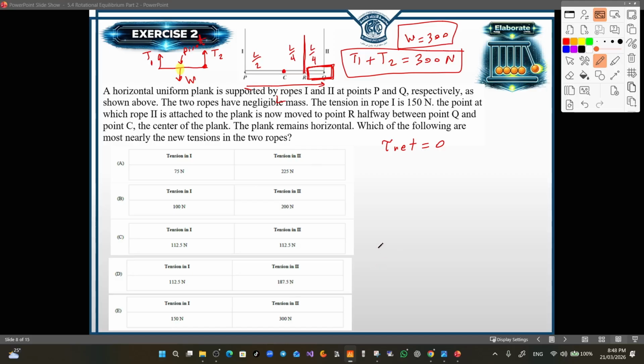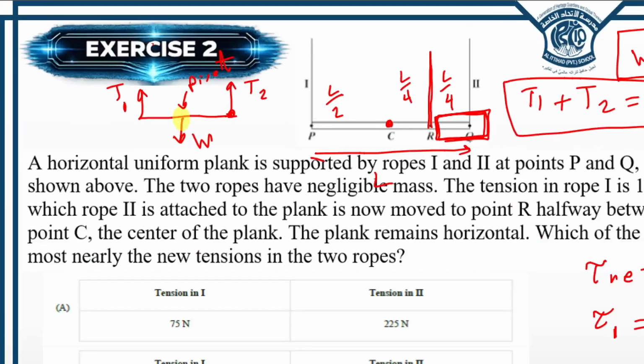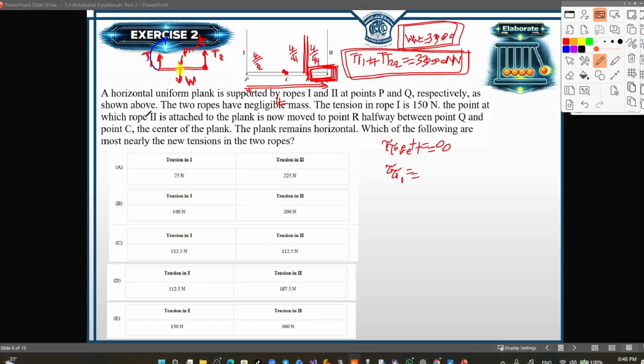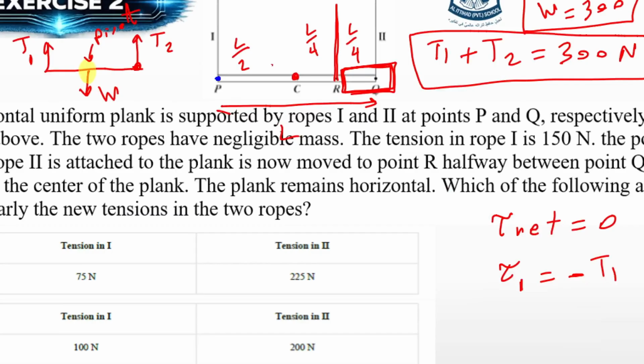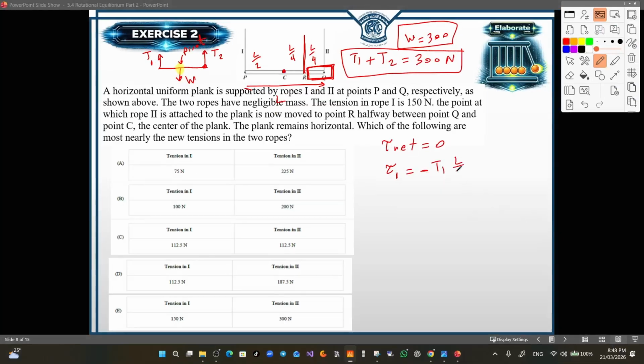Now we start applying the torque for the first tension. Let's call it tau 1. This force rotates the plank in the clockwise direction, so we use the minus sign for this force. Tension 1 is the magnitude. The distance between the point of application of the tension and the pivot is L over 2 multiplied by the cosine of the angle.